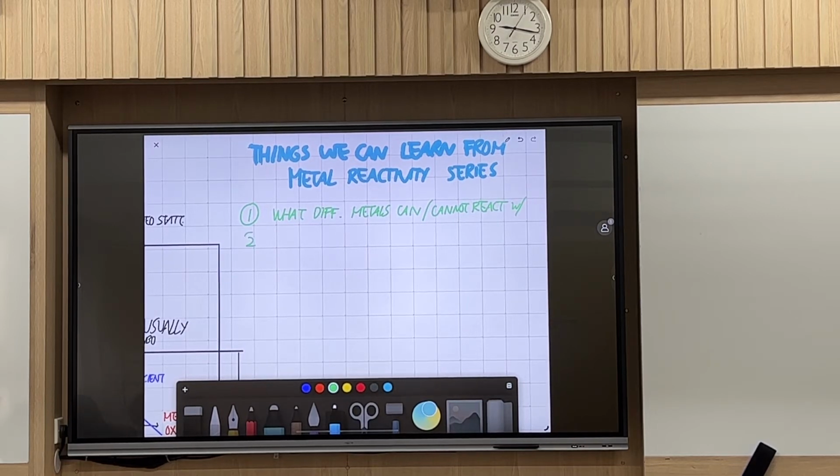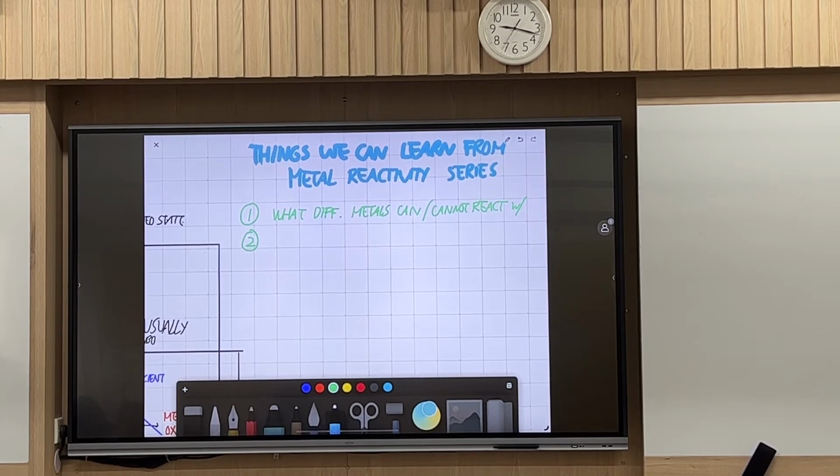And number two, we can also use the metal reactivity to explain why certain metals were used first in human history. Do you know what is the earliest metal used since civilization began? It's not copper, but gold and silver. Because these two metals, do they need any extraction? No, as they are already in a free, unbonded state.